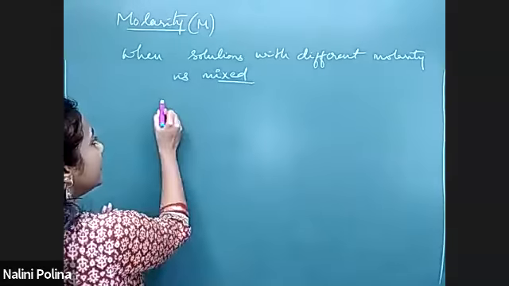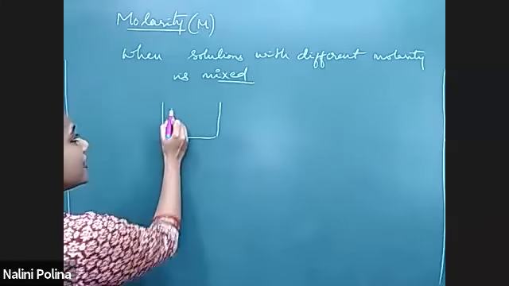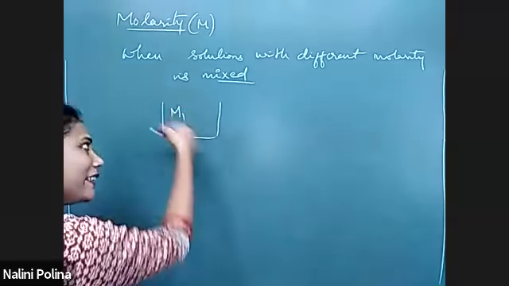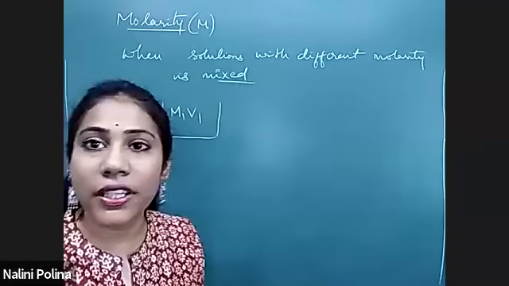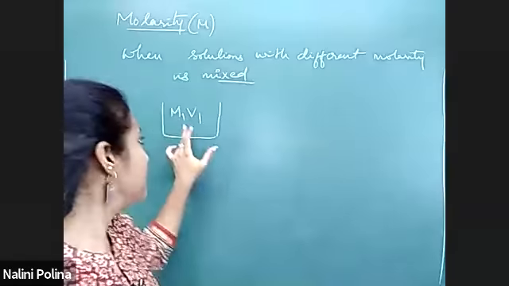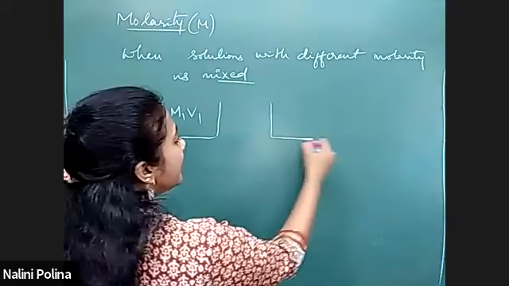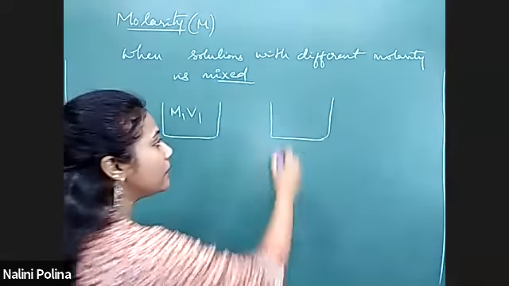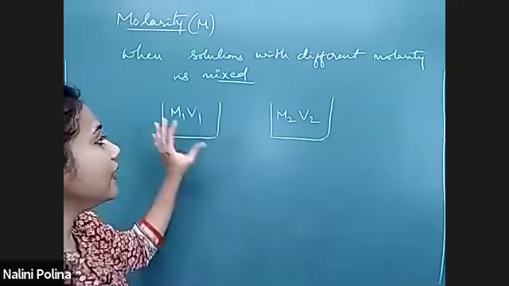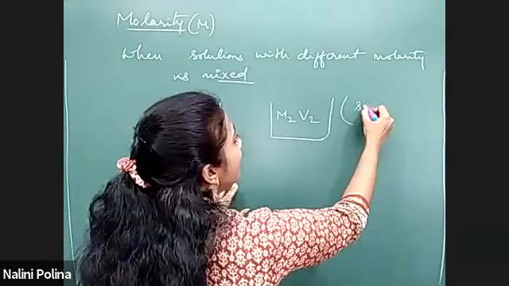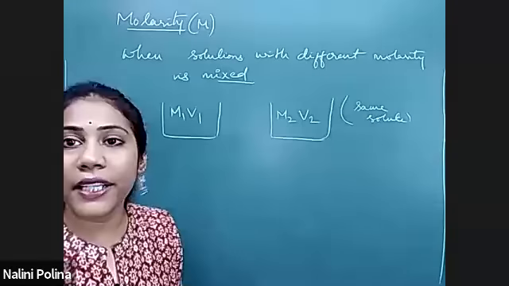Say for example, this is one solution, where this solution is having a molarity M1 and it has a certain volume V1. So this is our first solution having a molarity M1 and a volume V1. And I will take another solution with molarity M2 and volume V2. And remember, both of them have the same solute. Only then you can use the formula.